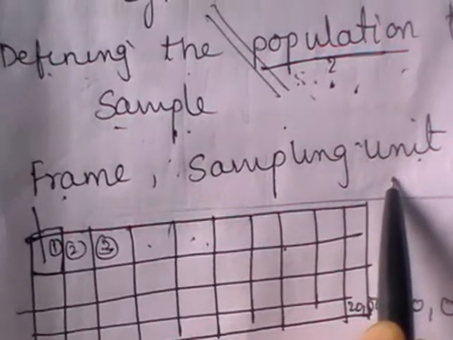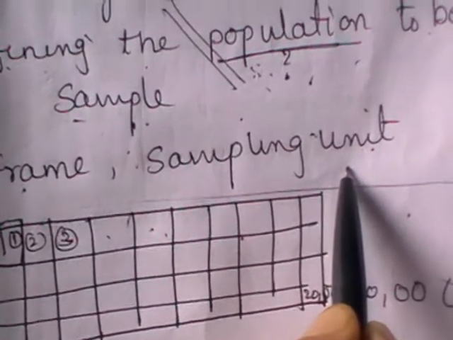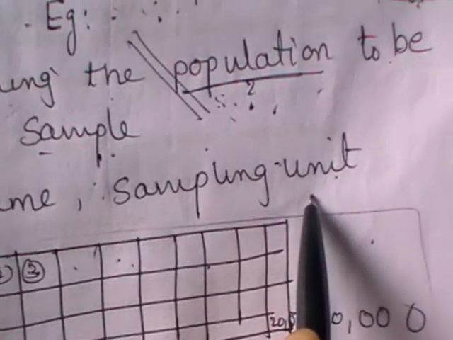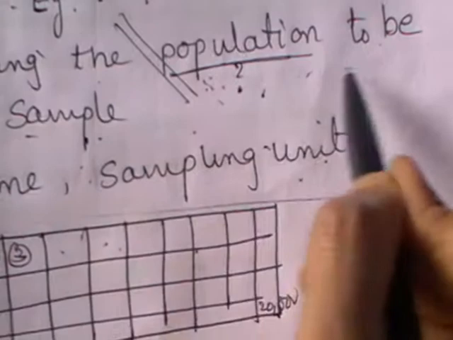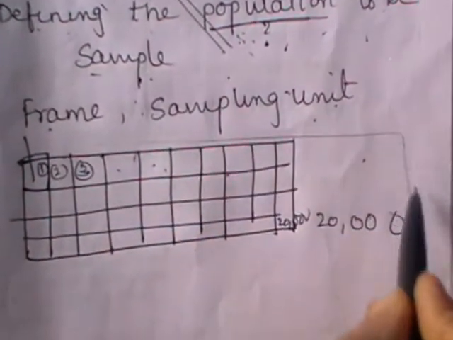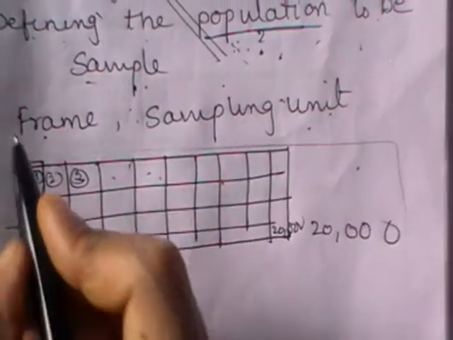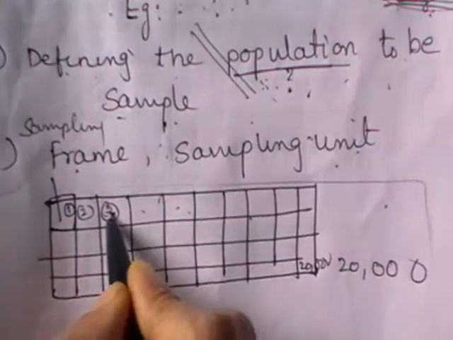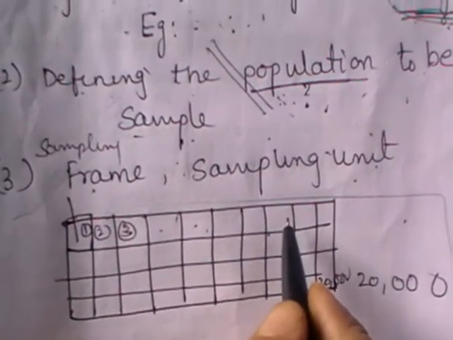The population must be capable of division into sampling units for the purpose of sample selection. So after defining the population, you should be able to divide it into individual units; the entire thing is called the sampling frame, and individual units are called sampling units.